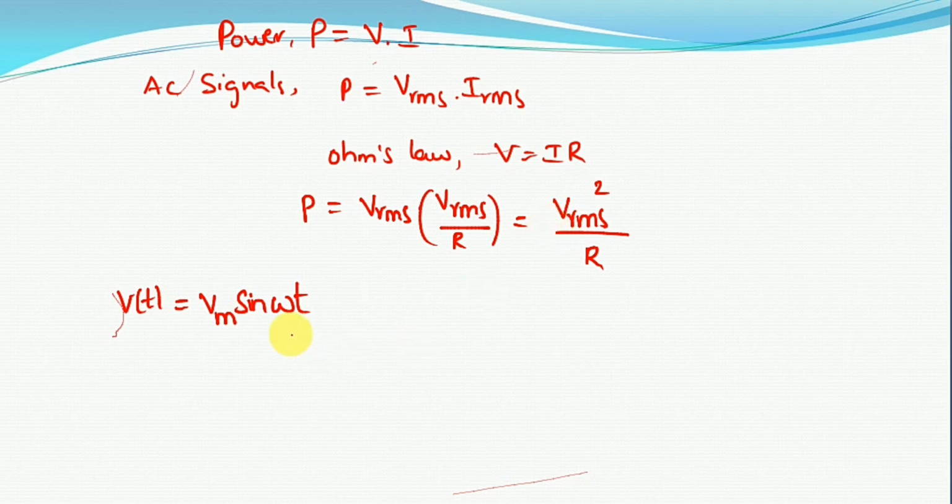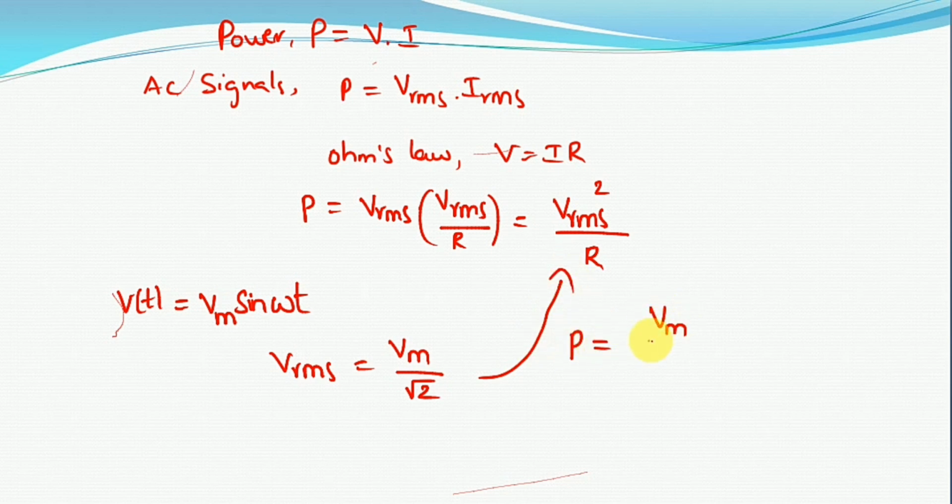So we know the relation between root mean square and the peak value as VRMS is equal to Vm by root 2. Now simply substitute this VRMS value in this expression. Then I can obtain the power as Vm by root 2 whole square by R. So I can write it as Vm square by 2R.